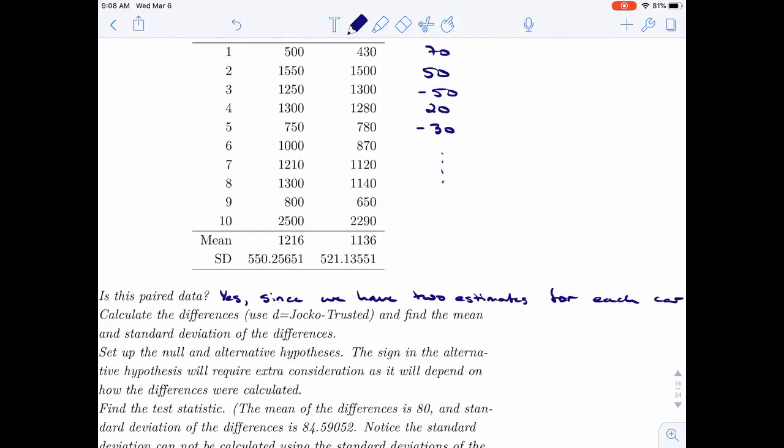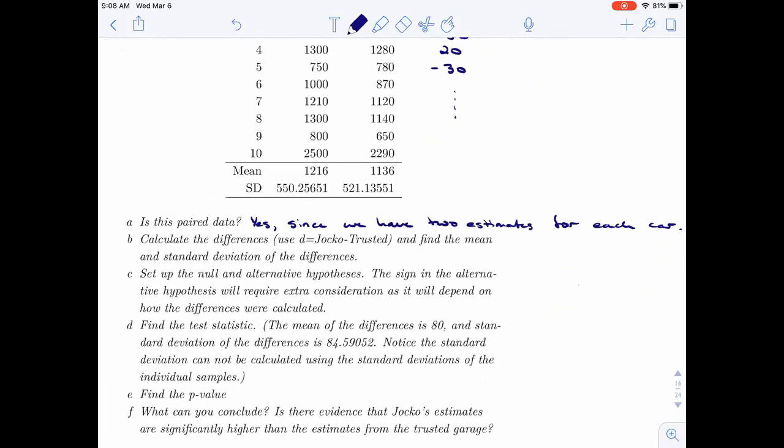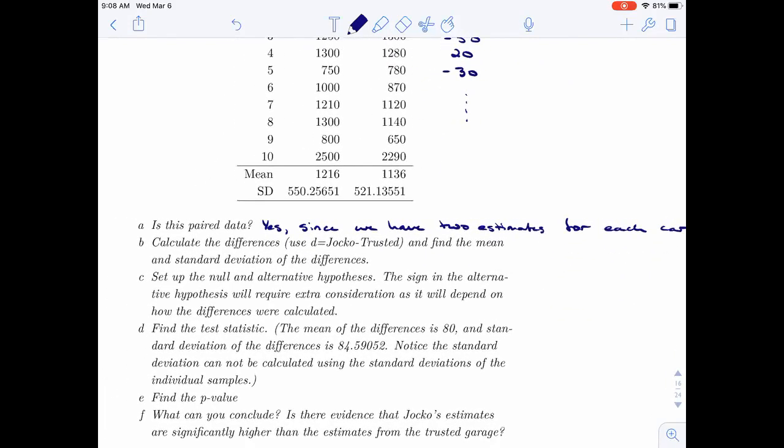You can go through and calculate it, and then, just for practice later, you can find the mean and the standard deviation of the differences. This is really just to bring home that in the end, we're just going to be looking at these differences and analyzing these differences. That's what you would have to do.